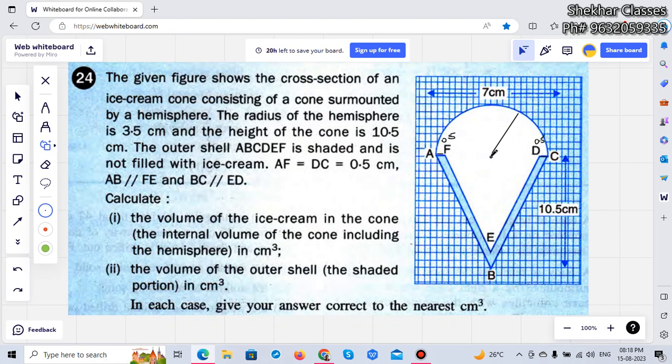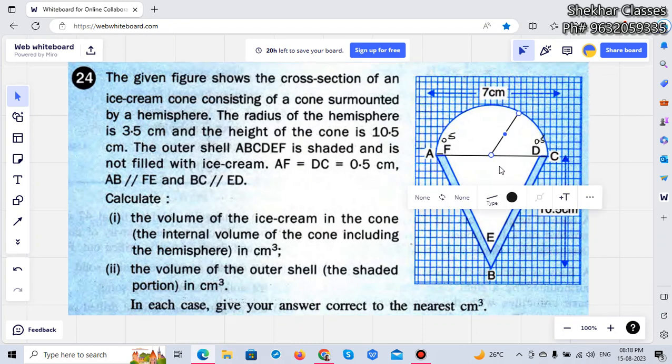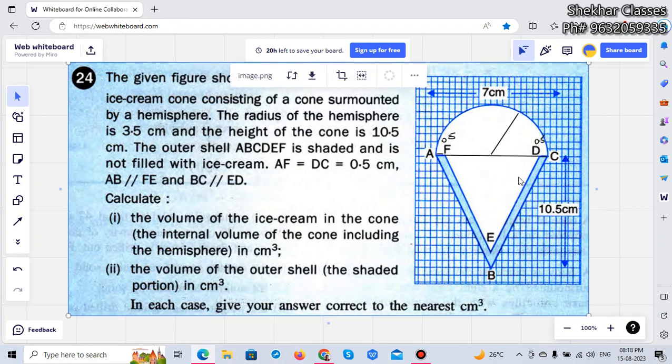So we have to find the radius first. What I can do is join this, and I'll join this one also. How to find the radius, and also we need to find the height.